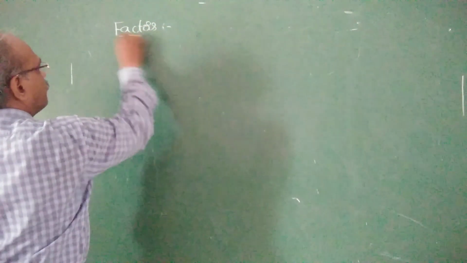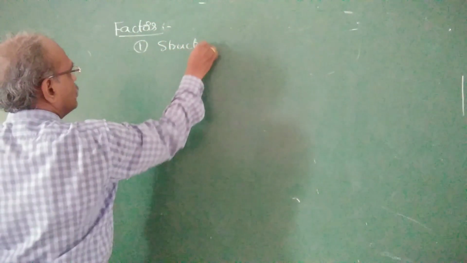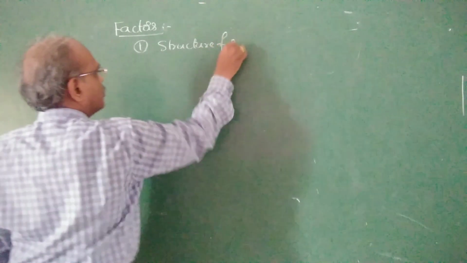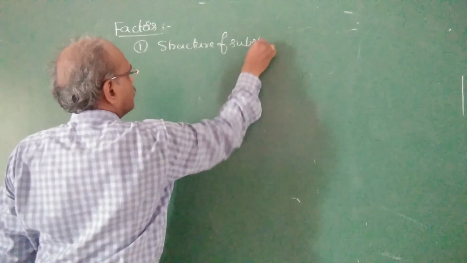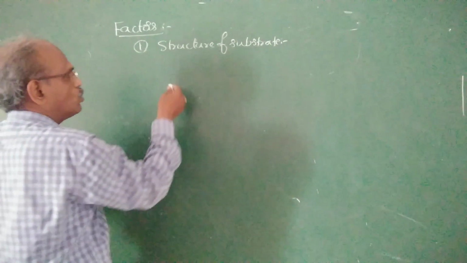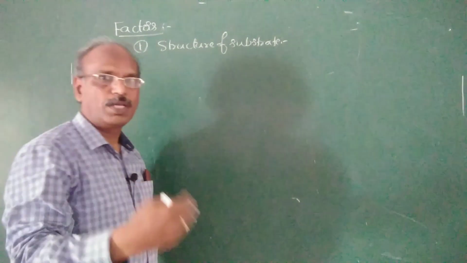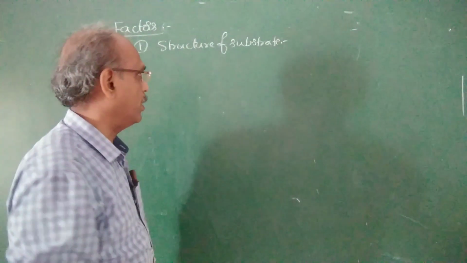Okay. Now let's see some factors affecting the E2 reaction. One is the structure of the substrate: the order of reactivity towards E2 reaction. Which is more reactive, 1 degree, 2 degree or 3 degree halide?